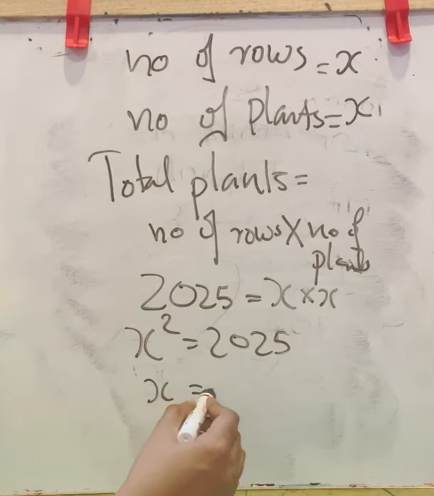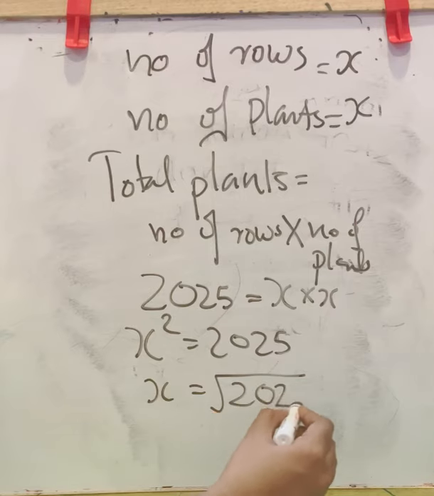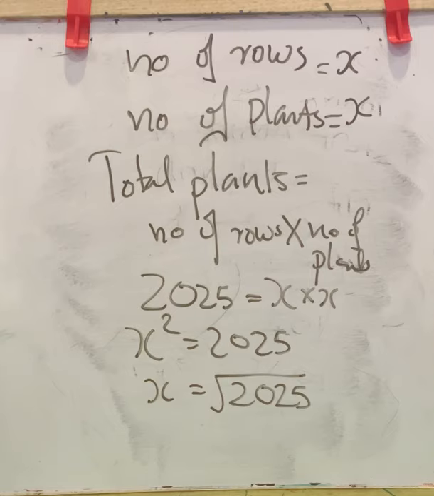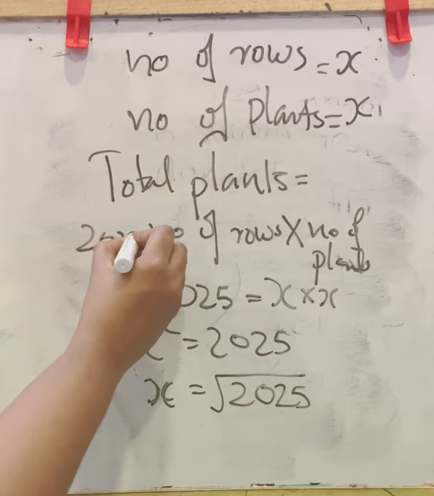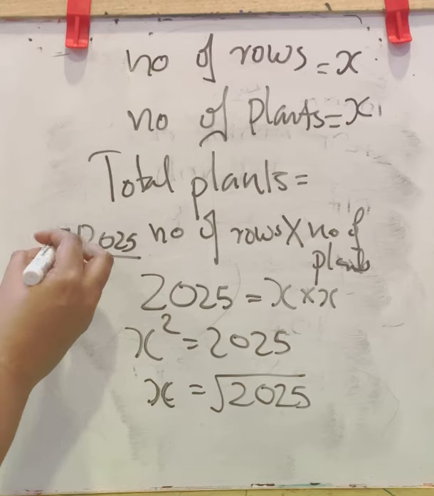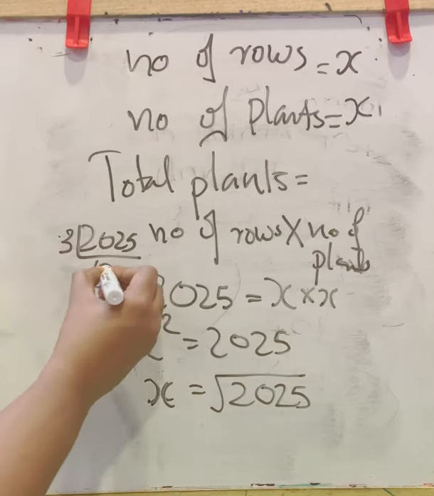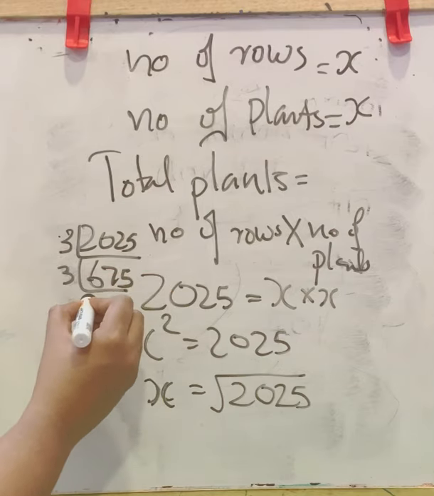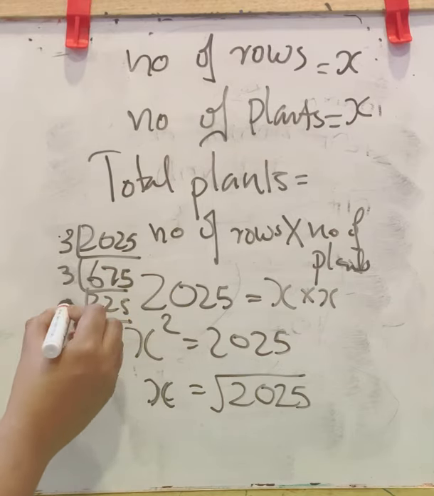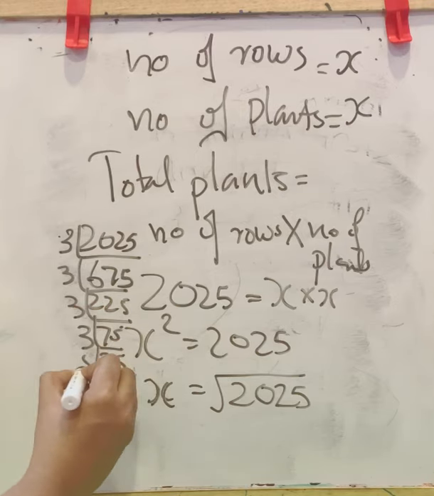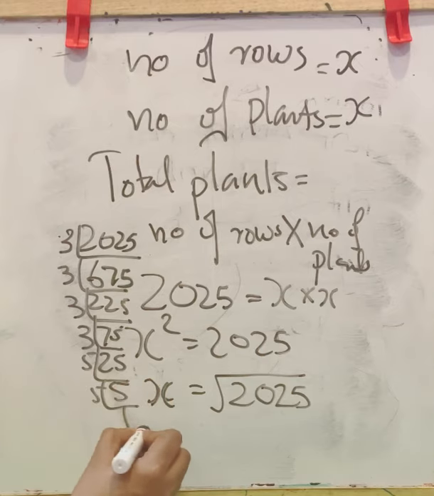To find x, you have to find the square root of 2025. That is, which number multiplied 2 times gives 2025. So finding the square root of 2025 with the factorization method. In 2025, 3 is divisible: 675, again 3, 225, next 3, 75, 3, 25, 5 5s are 25, 5 1s are 5.